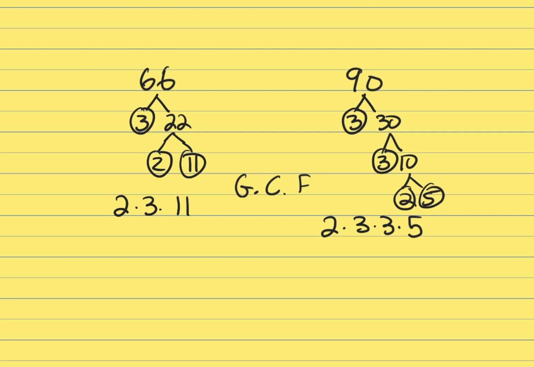So we look at the ones that they have in common. They've got a 2, and they have a 3. 2 times 3 is 6. So that's our greatest common factor for those two numbers.